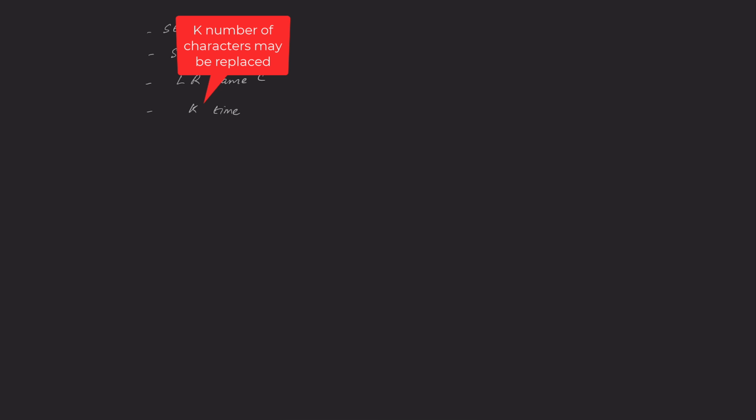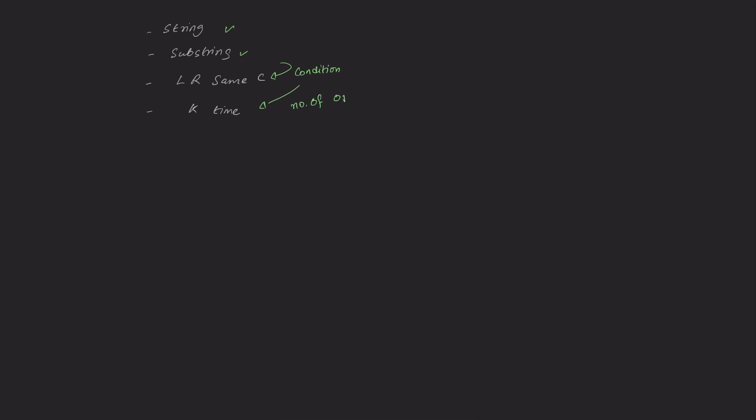So in this question, if you break down the information, they're expecting some substring with particular conditions, and they have provided a number, which is the number of operations we can do in a particular window.